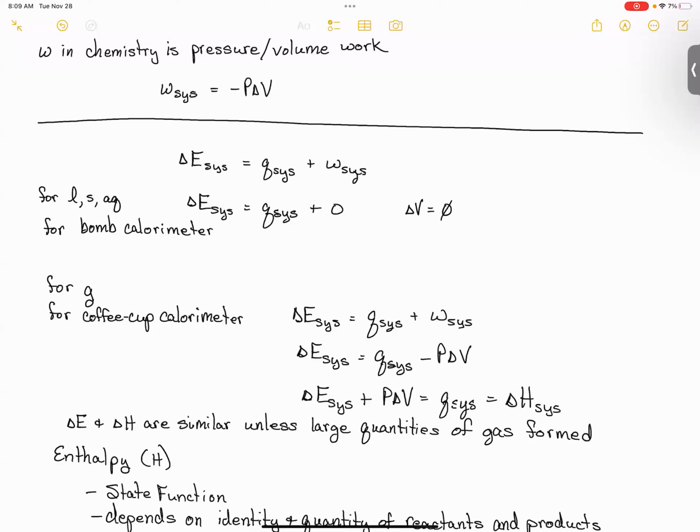Now, again, the energy and the enthalpy are going to be very, very similar unless there is a lot of gas formed. If there's a lot of gas formed, they're not similar. But if you'll notice, I used a capital letter for both energy and enthalpy. That is because both of them are state functions. Again, that means that they're going to be dependent upon the starting material and the ending material, but it does not matter what path you take in between.